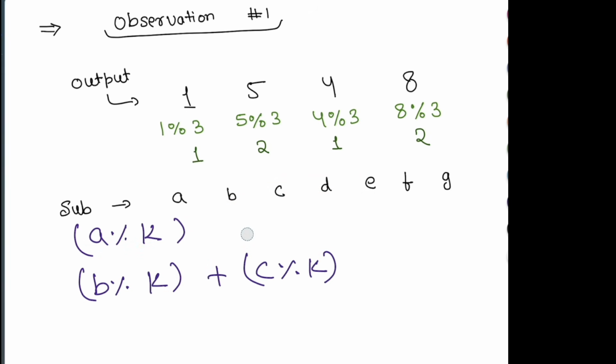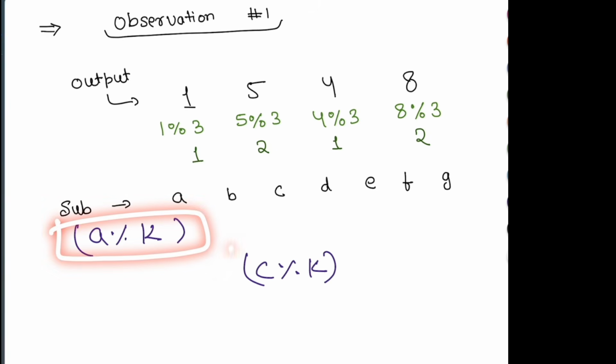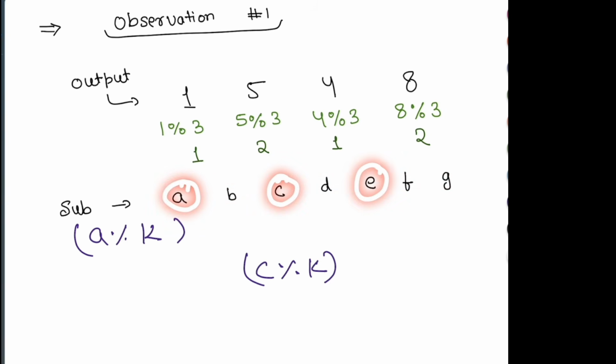Let me neutralize these values. So what I am claiming right now is A mod K and C mod K is equal. Then only my subsequence can be valid. So from here I can say A mod K will be equal to C mod K, will be equal to E mod K, will be equal to G mod K. And similarly, B mod K, D mod K, F mod K will be equal. So that's the first observation we have.